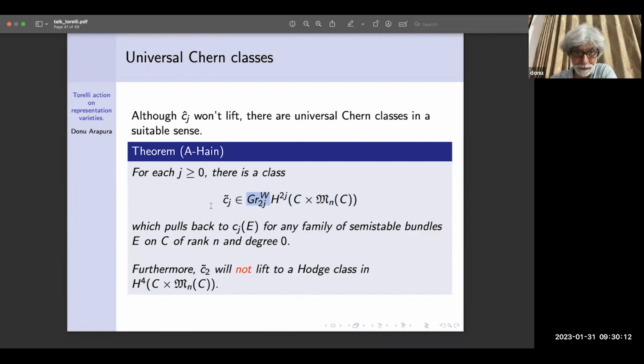So I can, of course, lift this to the cohomology of H2J. There's no content to that. But can you lift it to a Hodge class? And the answer is no. In fact, it fails for C2 tilde. So in some sense that complements the previous statements.